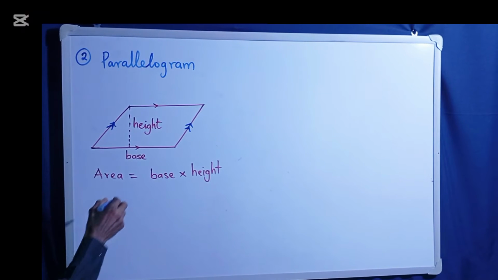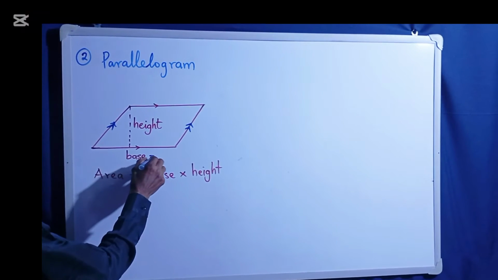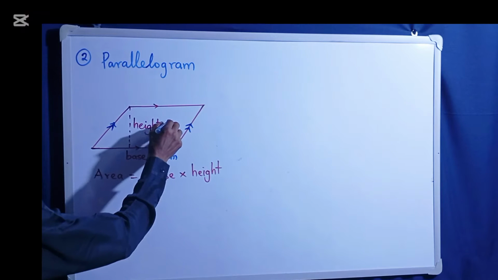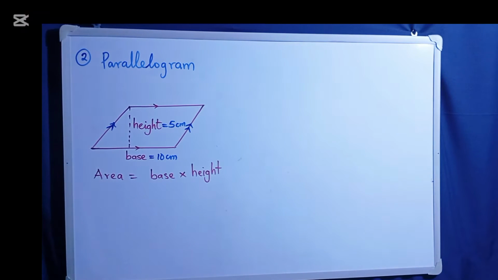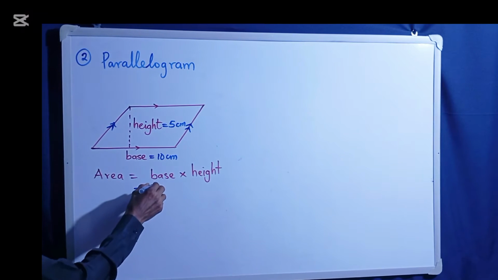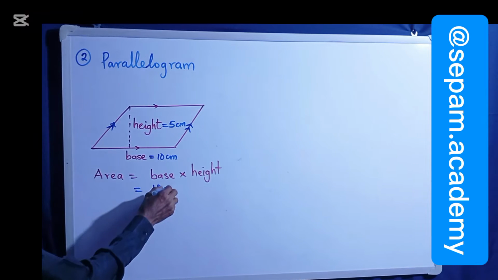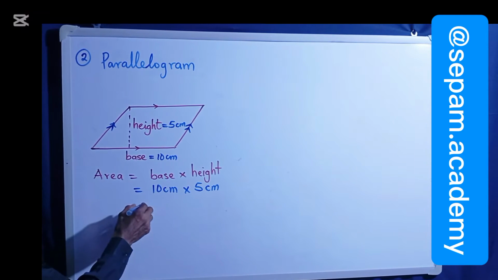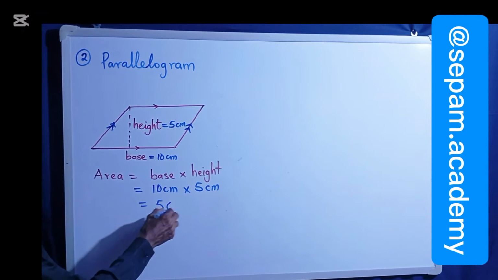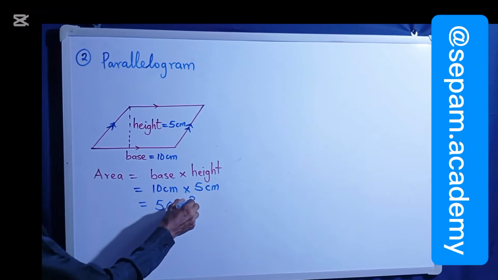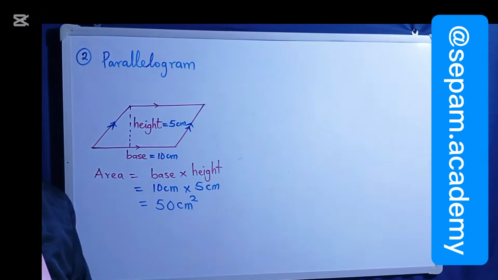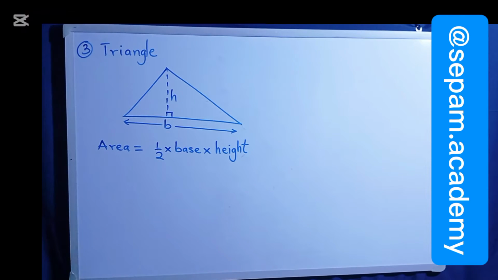Assuming that the base is 10 cm and the height is 5 cm, what is the area of this? This will give us 10 cm multiply 5 cm. So the area is 50 cm square. So this is how to calculate the area of a parallelogram.